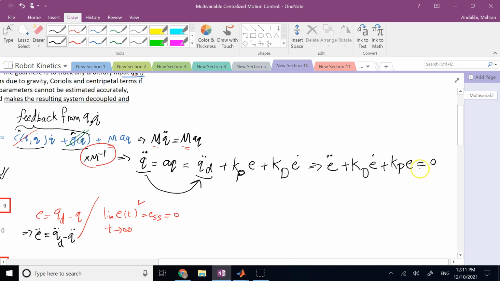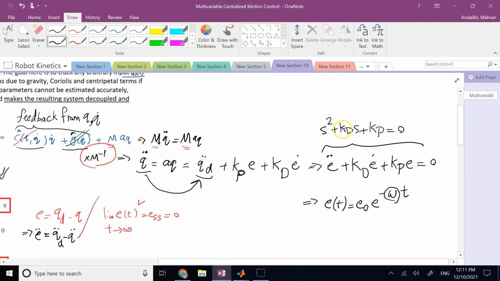And if error is due to one joint only, it's going to be an exponential function. If it's also multivariate, again, it's going to be an exponential function, but for each and every one of the components. So in this case, your error of t is going to be whatever it was in the beginning times some exponential function with some speed like omega, negative omega times t, where omega is the root again of what? The characteristic equation here, which is s squared plus KD s plus KP.